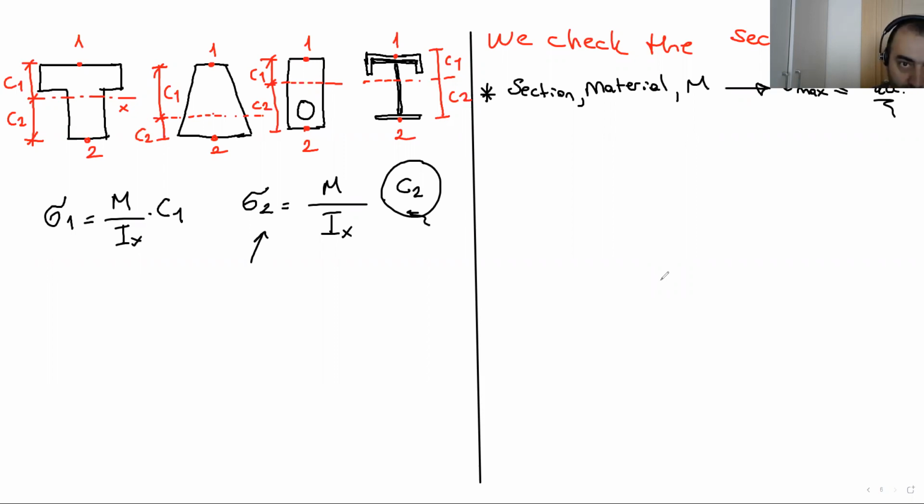Another question type here is this one. We know the section again. We know the material. We know the section and material. What we can do, we can calculate the M capacity.